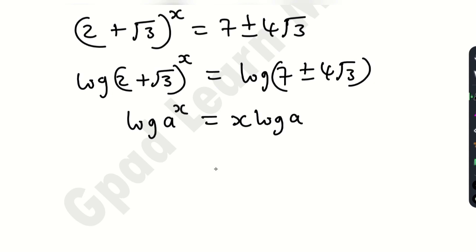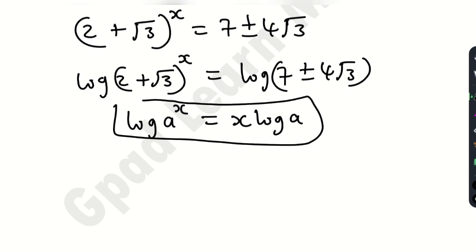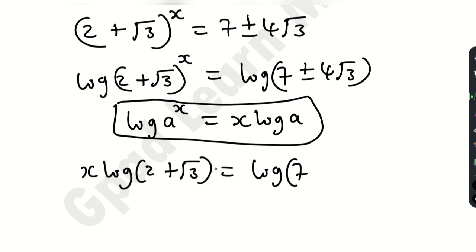This is one of the laws of logarithm where the exponent multiplies the logarithm. So let's apply this law here. If you take this x to multiply the logarithm, I'm going to have x log into bracket 2 plus root 3 is equal to log 7 plus or minus 4 root 3.